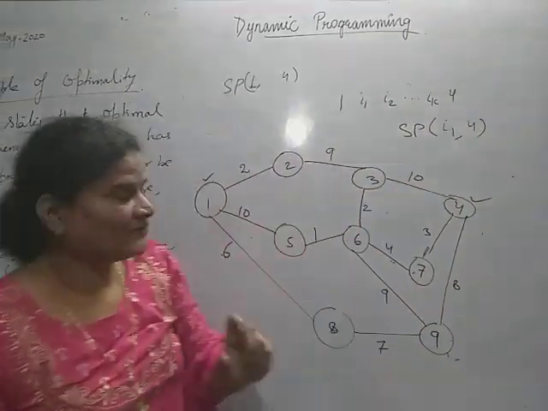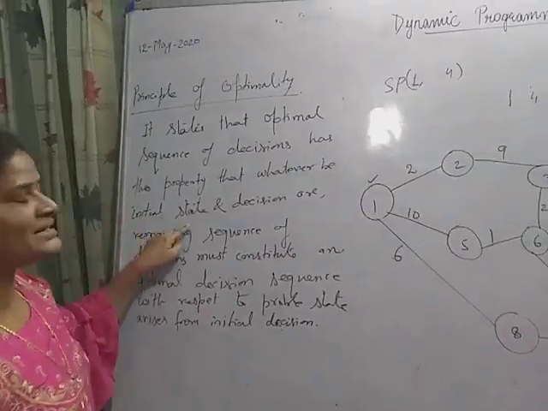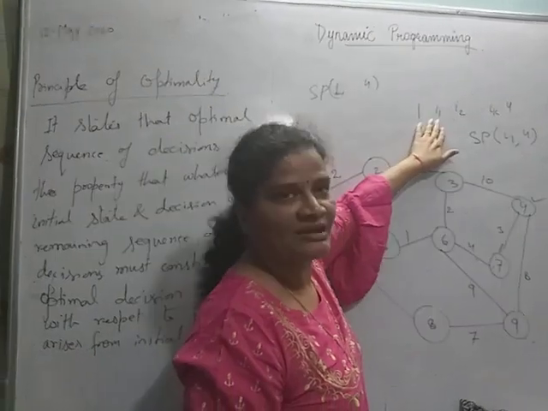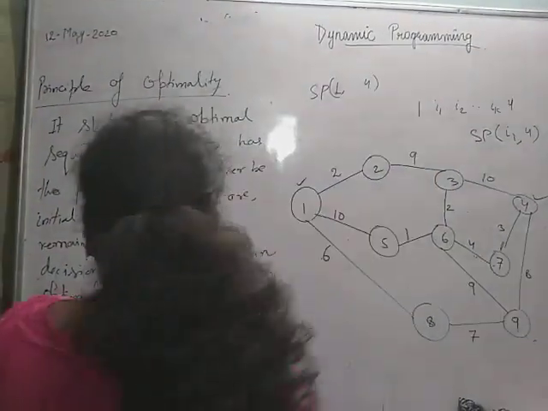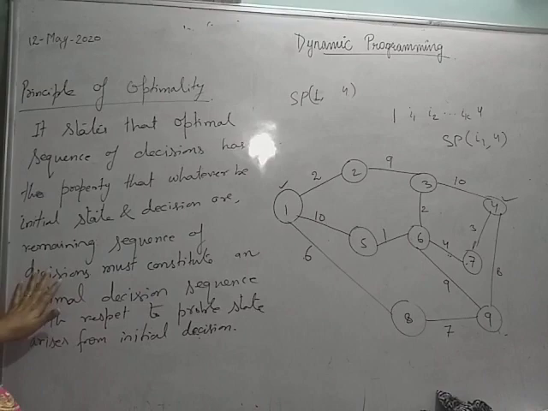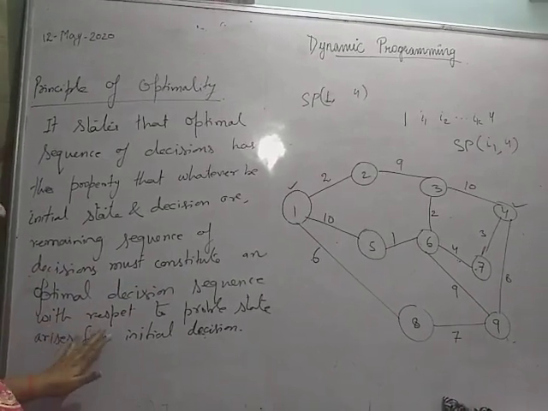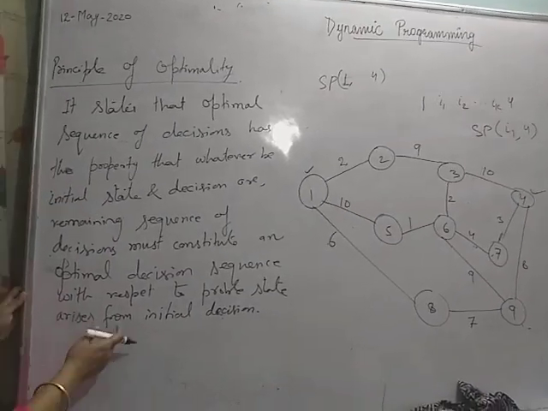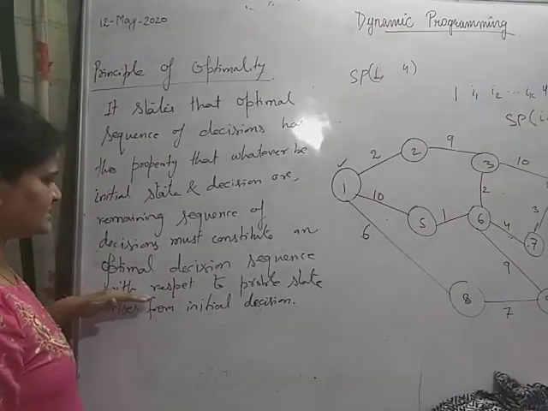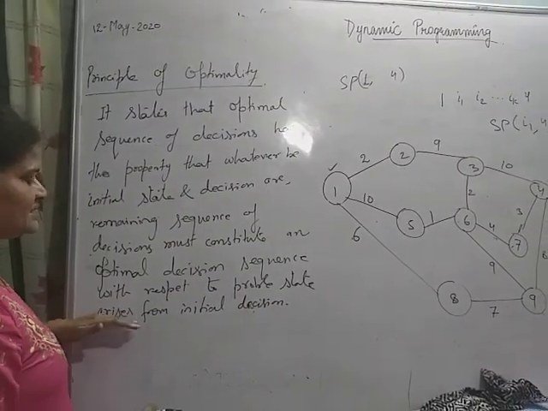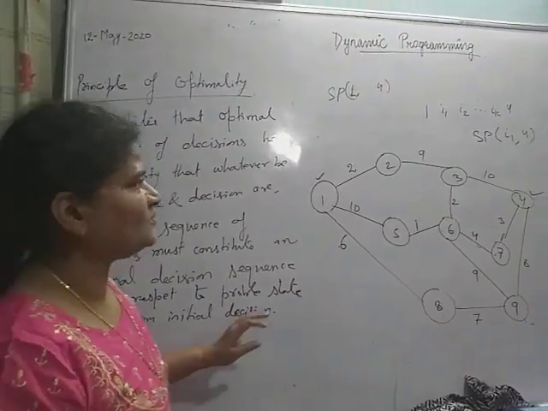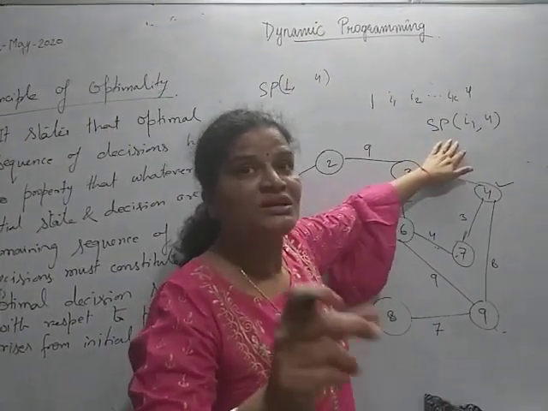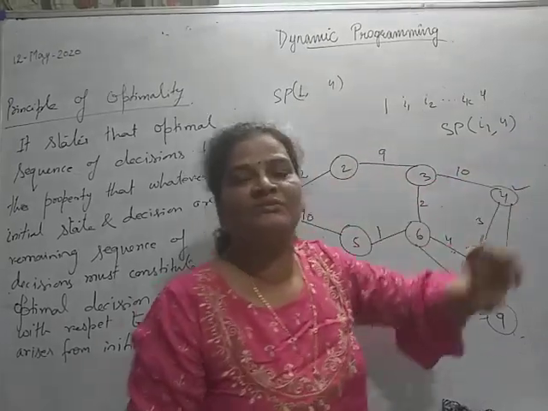Whatever the initial state and first decision are, the remaining decision sequence must constitute an optimal sequence with respect to the problem state resultant from the initial decision. So now our aim is to find the shortest path from I1 to 4.